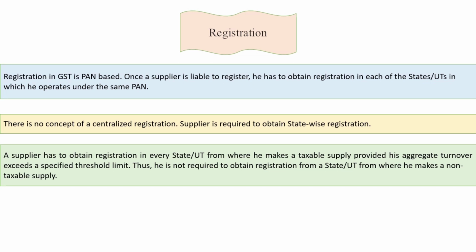And if he is supplying non-taxable things, then also he is not required to obtain registration. It is not compulsory for him. But if he is making taxable supply and his aggregate turnover crosses the threshold limit, then he is compulsorily liable for registration.